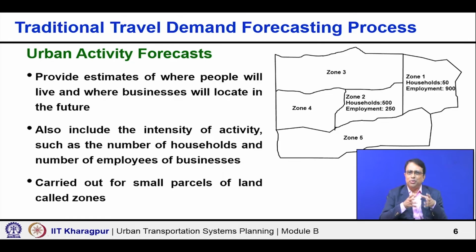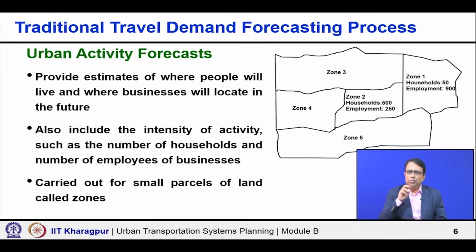So, where people are expected to live, how many people are expected to live, where the businesses are expected to be located. So, it includes intensity of activity, that means in number, how many households or how many businesses, right. And these numbers are available not for the whole study area at a gross level, but also for smaller pockets, or what we call traffic zones.